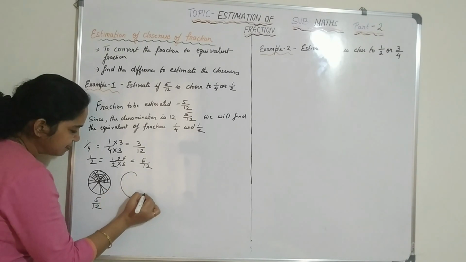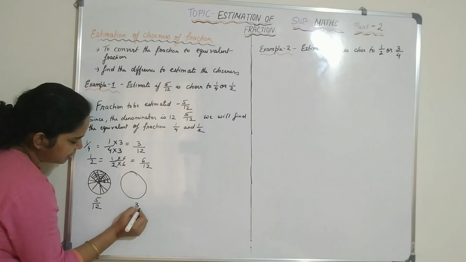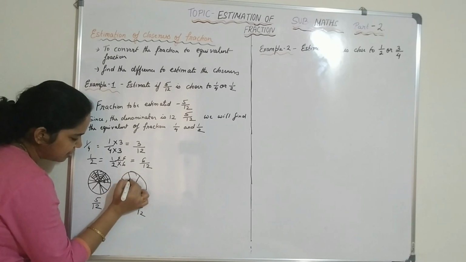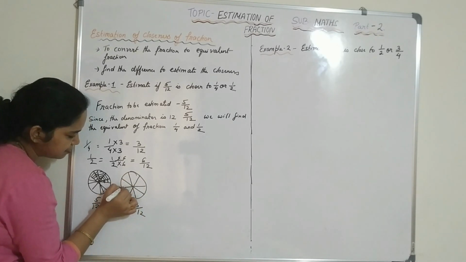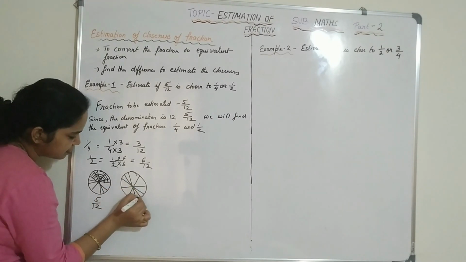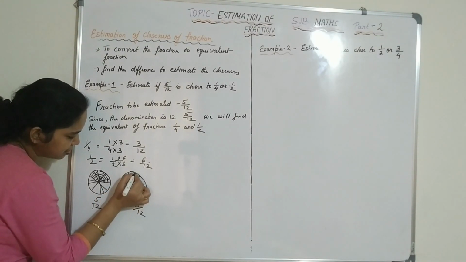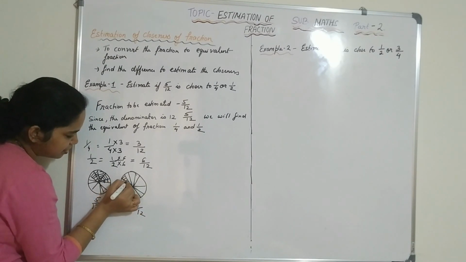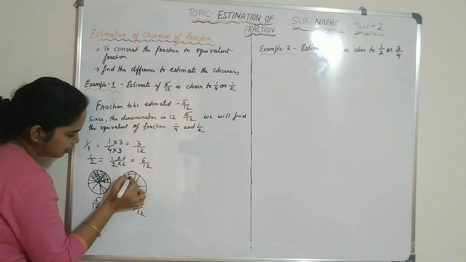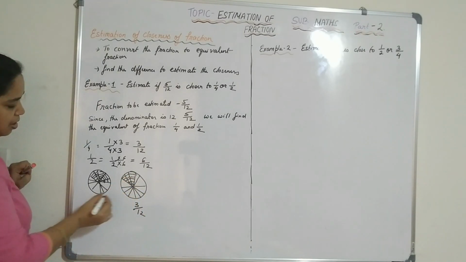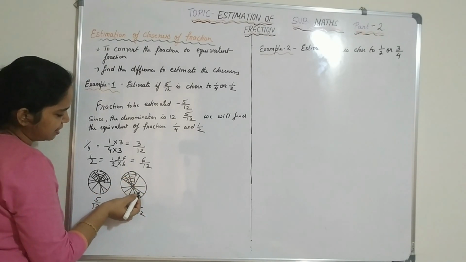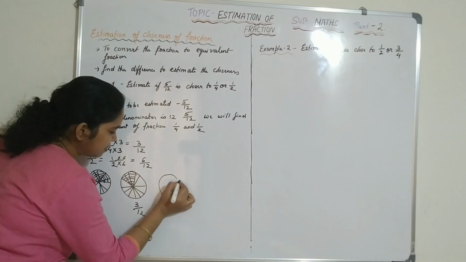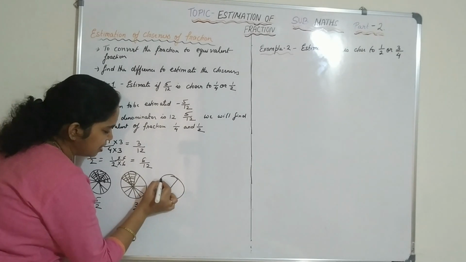In the next one, you shade 3 by 12. You make 12 equal parts and shade 3 out of 12 parts. The rest 9 are left. In the last one it is 6 by 12, which means half is shaded.